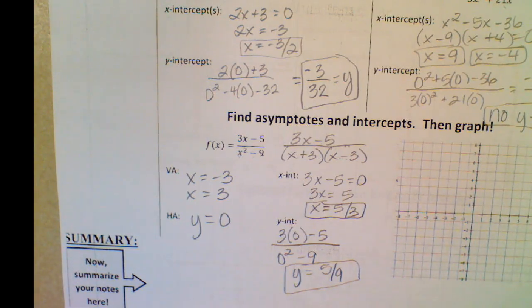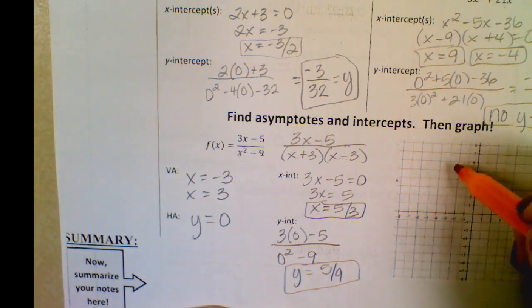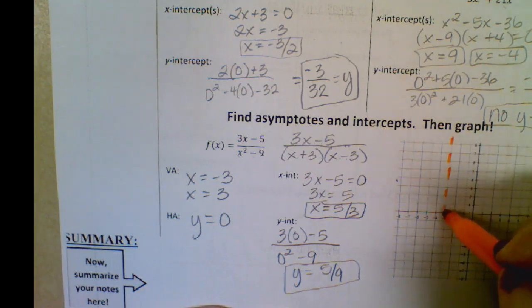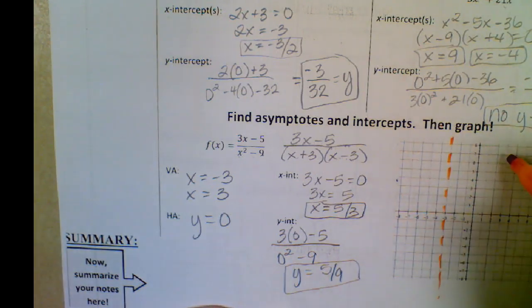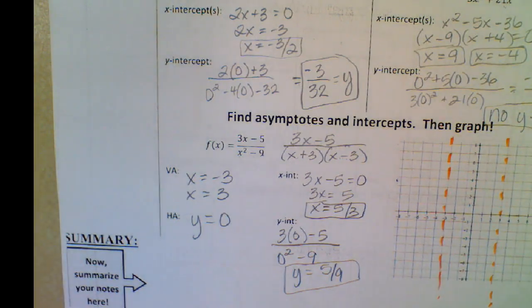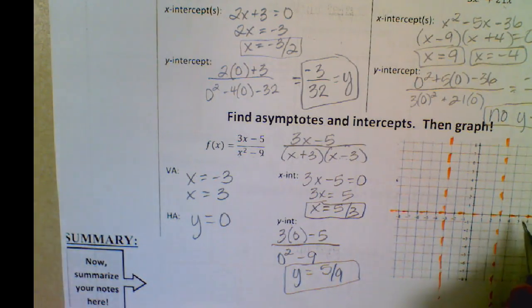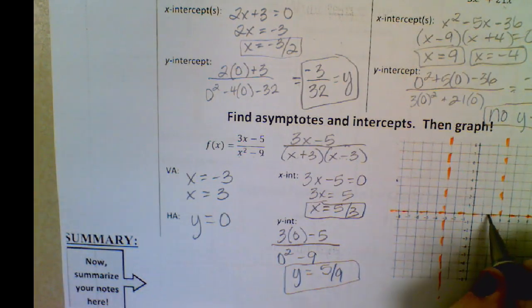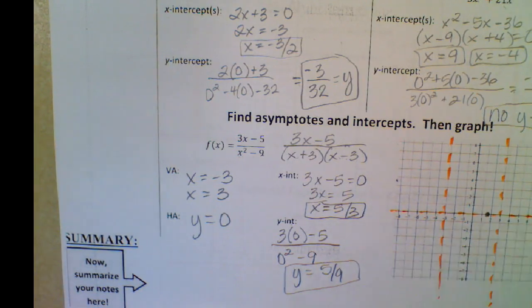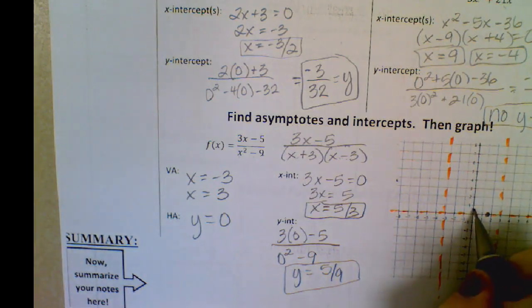I've got vertical asymptotes at negative 3 and positive 3. I've got a horizontal asymptote there. I've got an x-intercept at 5/3, which is just under 2. And I've got a y-intercept at 5/9, which is just about half, which is kind of there.